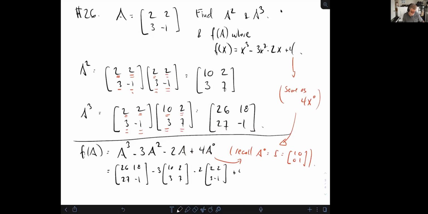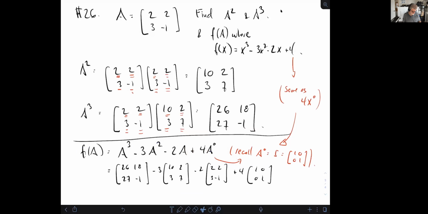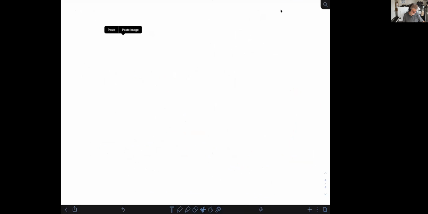And finally, plus 4 times the identity. This is it. Okay, I'll just copy this and go to the next slide, just so I'll just paste it.